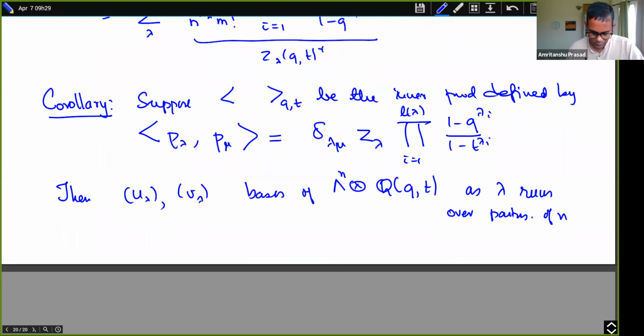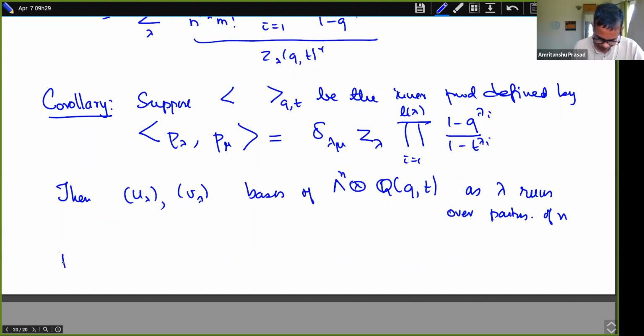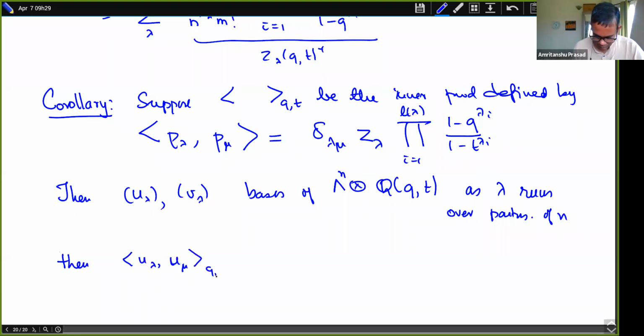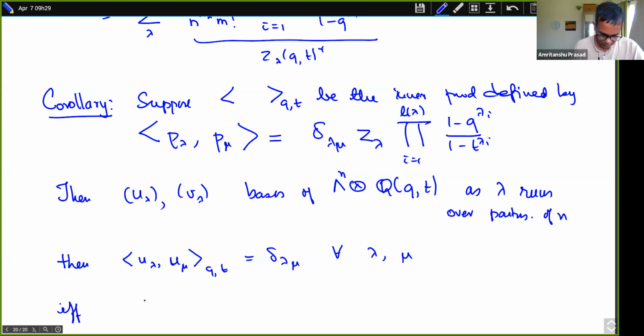So if you have such polynomials, then the following are equivalent. u lambda v mu under the qt inner product equals delta lambda mu for all partitions lambda and mu if and only if the sum over lambda of u lambda x v lambda y is equal to this.